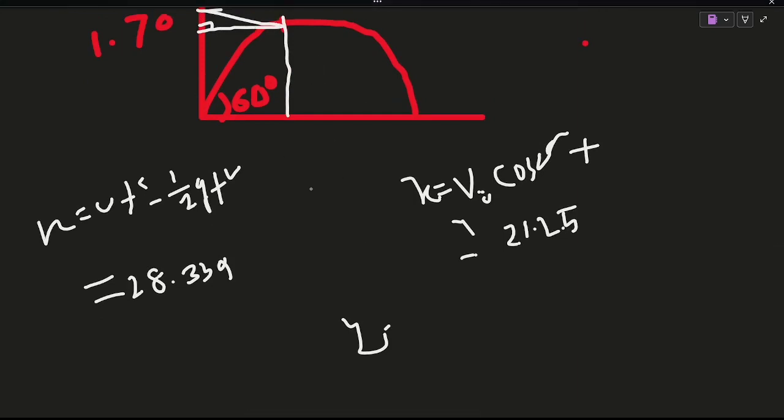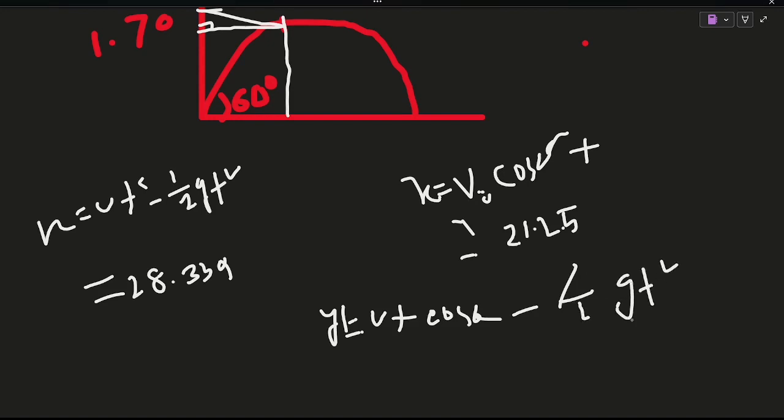Y can be achieved by y is equal to v naught t sin theta minus half g t square, and that will be 22.65.